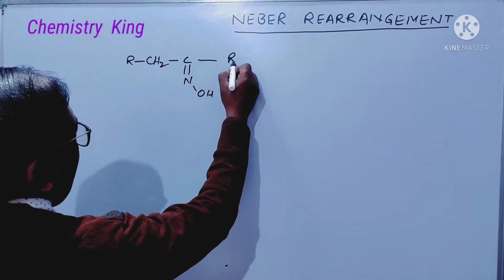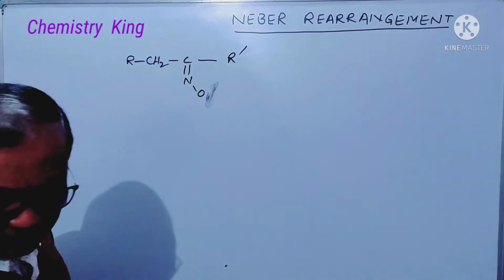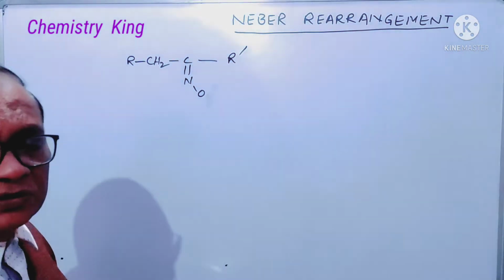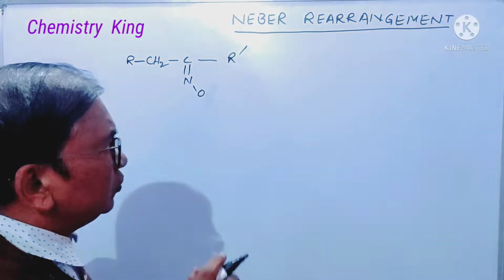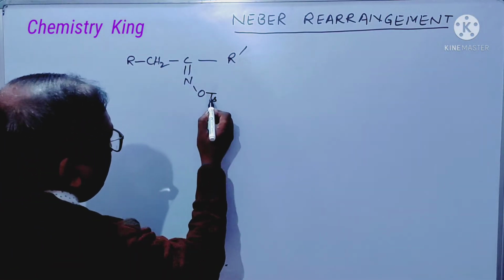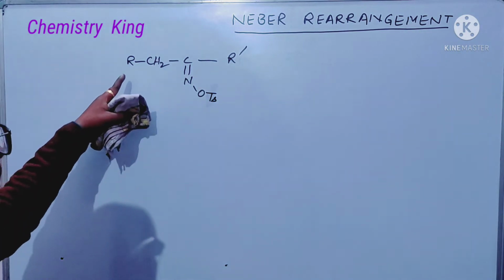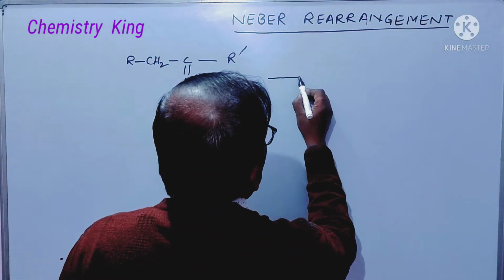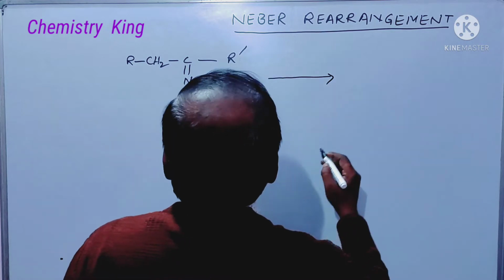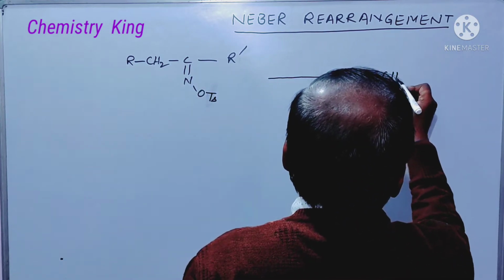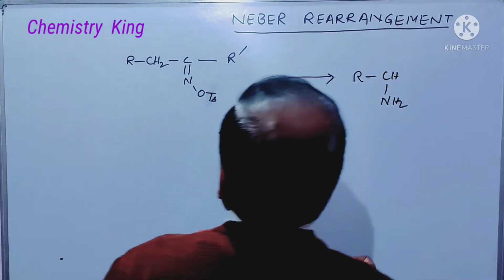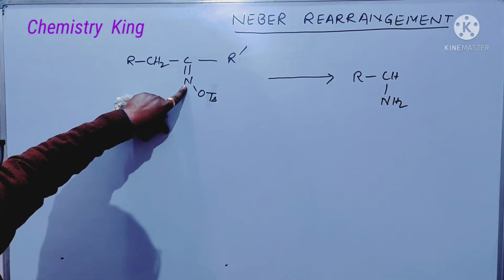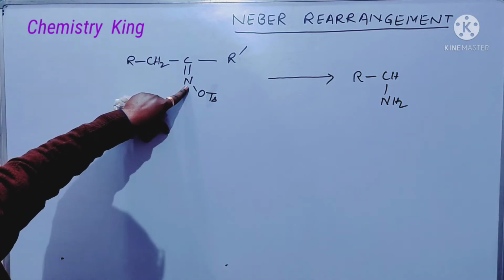Actually it is oxime, and in place of H, since OH is not a good leaving group, a tosyl group is here, and it is called tosylate. Conversion of ketoxime tosylate into RCH NH2 here. Friends, this nitrogen converts into amino, it is a trick to write the product.